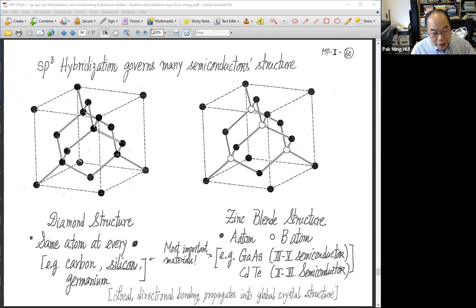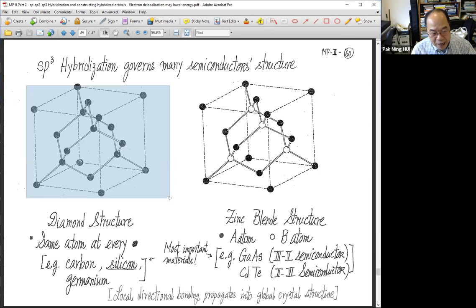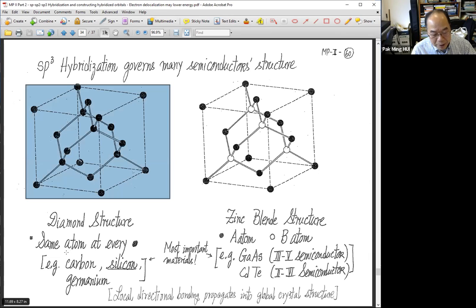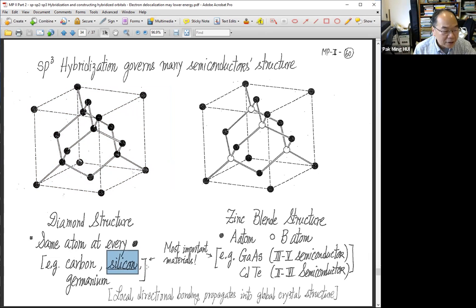So I show you, if all the dots are of the same color, it is this side. You have carbon, but the most money-making element on Earth, in the whole history of humans, is silicon. You have the whole silicon industry. In recent months, there's a shortage of silicon wafers, the very clean silicon so that you can make chips.